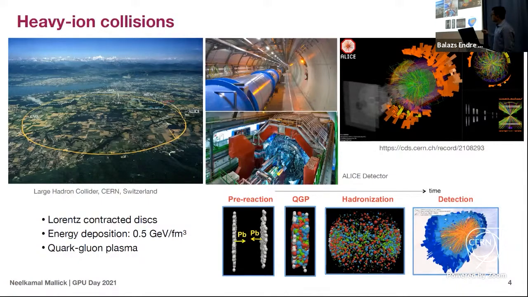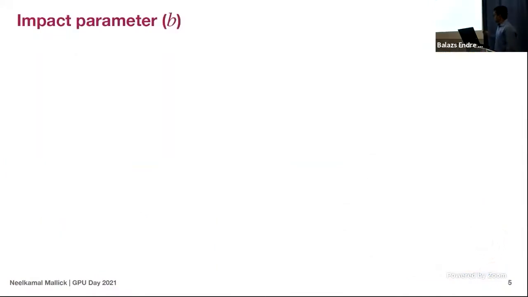And these hadrons then collide among themselves elastically, and further they move towards the detectors, where we find their tracks, and we observe their momenta through the detector. Okay.